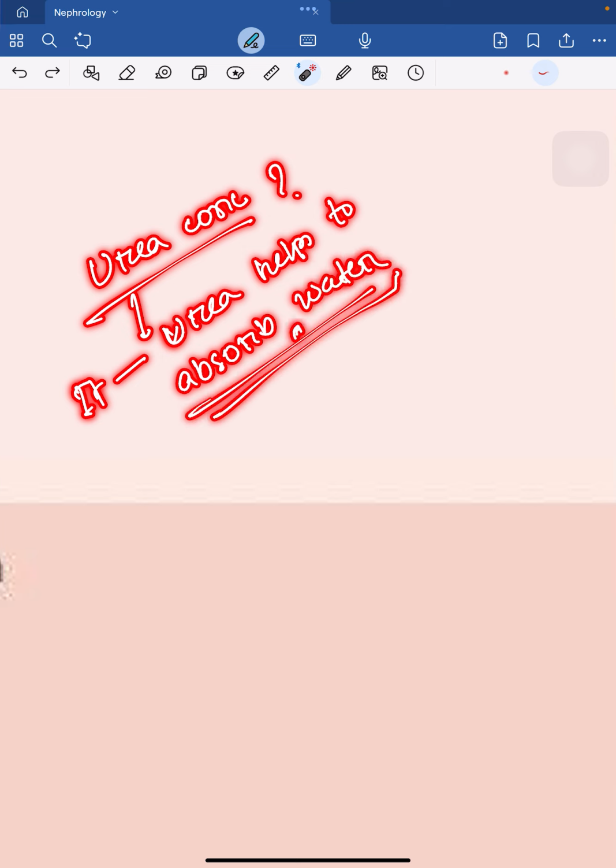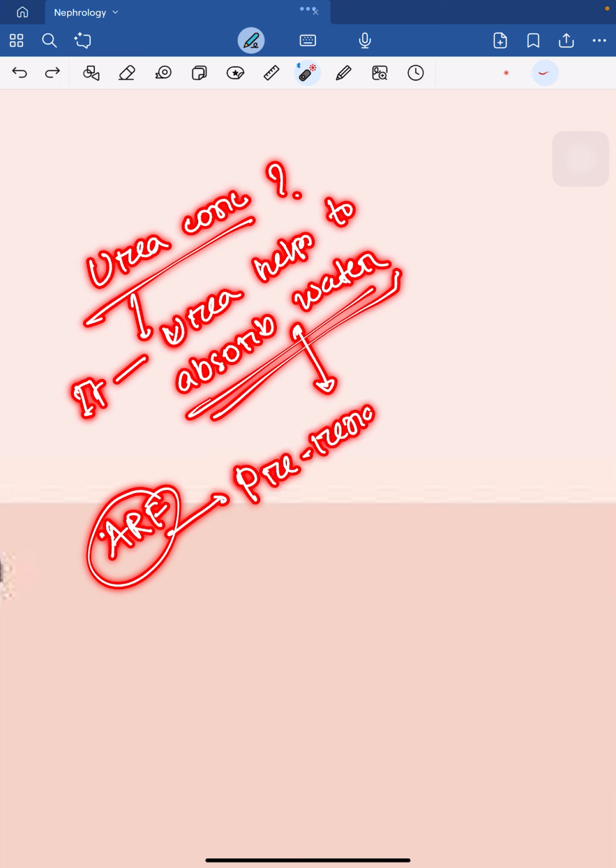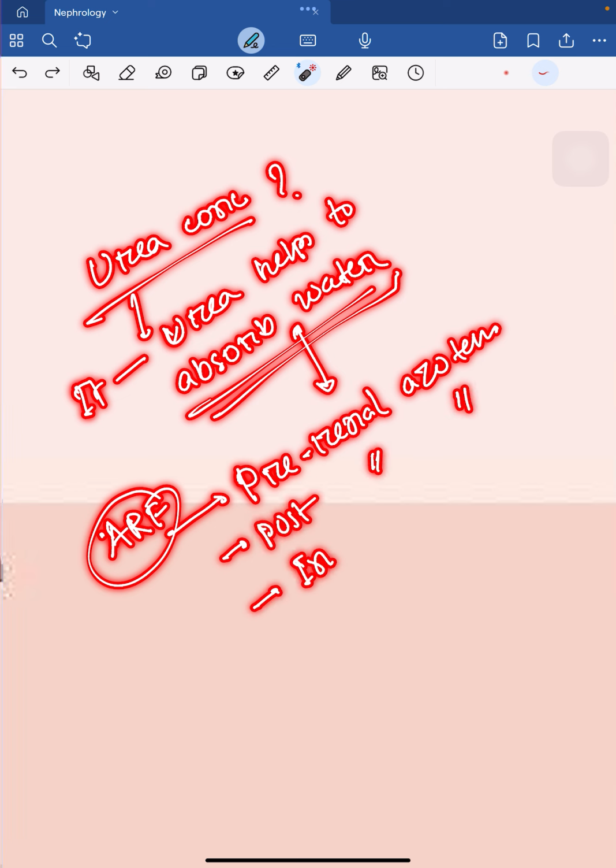So we can correlate this with another pathology, that is acute renal failure. We classify acute renal failure into three types. One is pre-renal azotemia, the next is post-renal azotemia, and the third one is intrarenal azotemia.